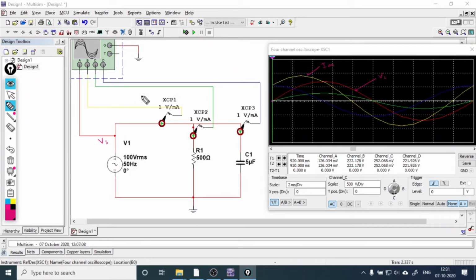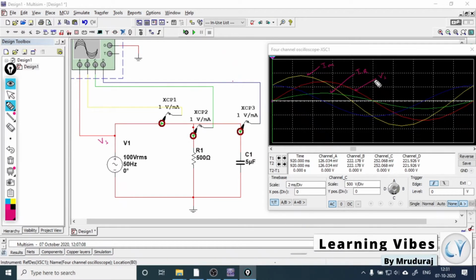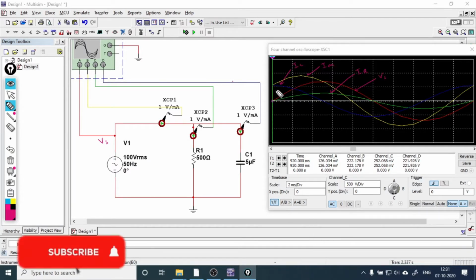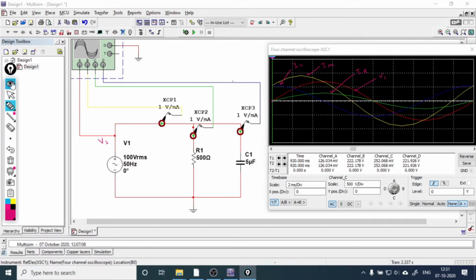The green is the current through resistor, so we will call it IR, and the blue one is the current through the capacitor, the current of this capacitive branch. So this blue is IC.